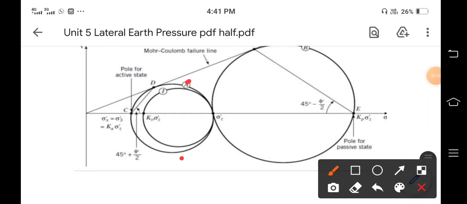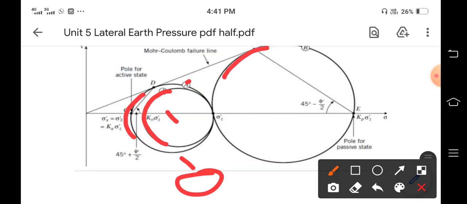Because we saw in the last case that for the active earth condition the stress circle is very small as compared to the passive earth pressure condition. So the first circle is for the rest condition, the second circle is for the active condition, and this B is the Mohr circle for the passive earth pressure condition.